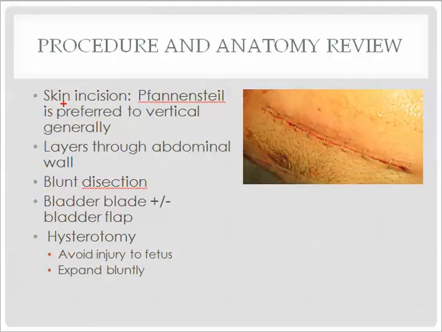All right, so now we've moved on from all the indications type stuff, which is really important for cesarean section, and we've moved on to the procedure and anatomy review. So you start off with making a skin incision, and you can do a Pfannenstiel incision or a transverse incision. The distinction is transverse means you're going straight, and Pfannenstiel means you're going at a little bit of a curve, sort of like a smile face.